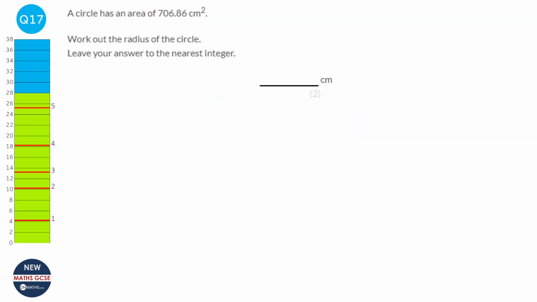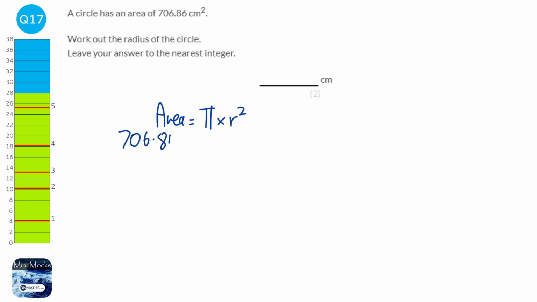The formula for the area of a circle is area equals pi times r squared. Now in this question we're given what the area is, which is 706.86, and we need to find out what the radius is.